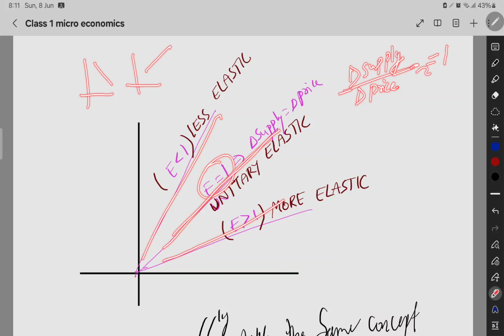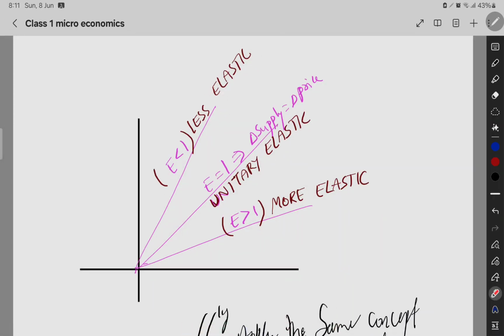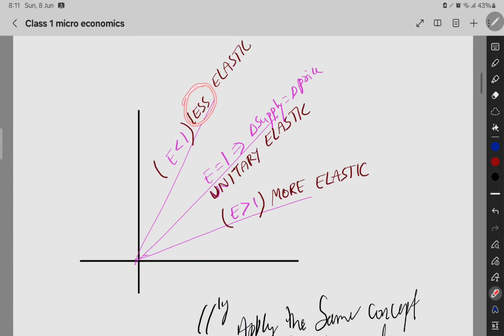So when this value equals 1, whenever change in quantity supplied is equal to change in price, my supply curve will be unitary elastic. And if change in supply is less than change in price, then I will call it inelastic, less elastic. And when my change in supply is greater than change in price, I will call it more elastic. Okay.